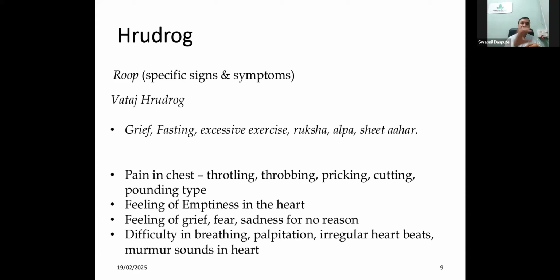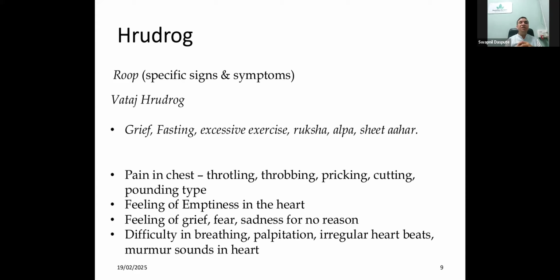Is it pricking pain, cutting pain, pounding pain, burning pain? If you ask such leading questions, the patient may try to recall and explain. Few patients are very particular and will tell you, okay, this is this type of pain. So in Vataja type of Rudrog, pain in the chest can be throttling type, throbbing type, pricking type, cutting type, pounding type.